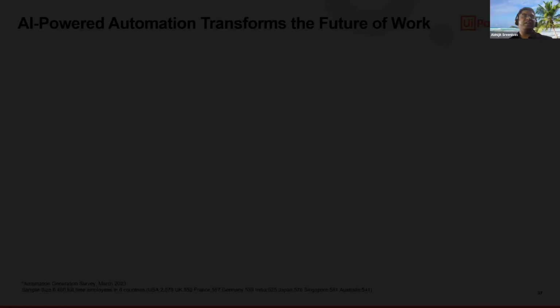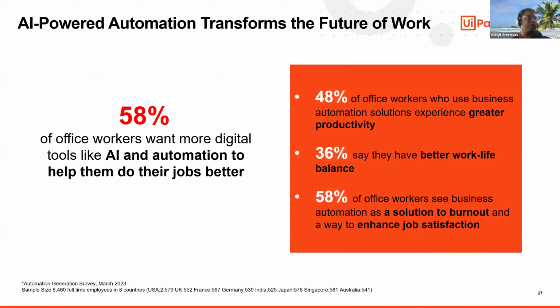So now that we are doing the RPA course, this is recent information which I thought it is very important for you to know. More than 58% of office workers want more digital tools like AI and automation to help them do their jobs better. Business automation solutions are helping workers to be more productive and have better work-life balance, and are also seen as a solution to burnout and a way to enhance job satisfaction.